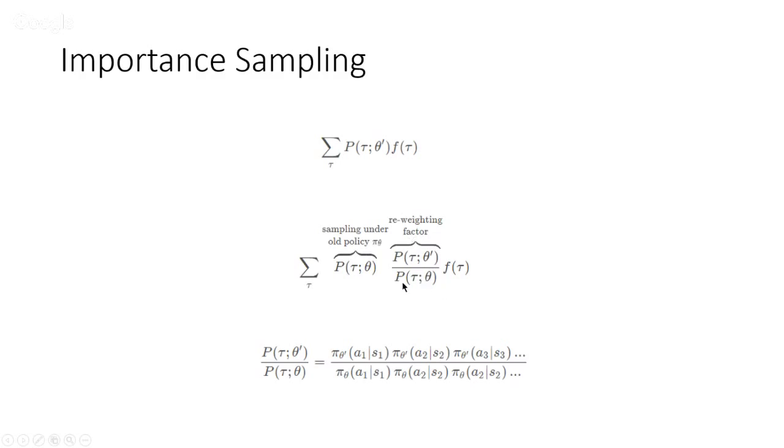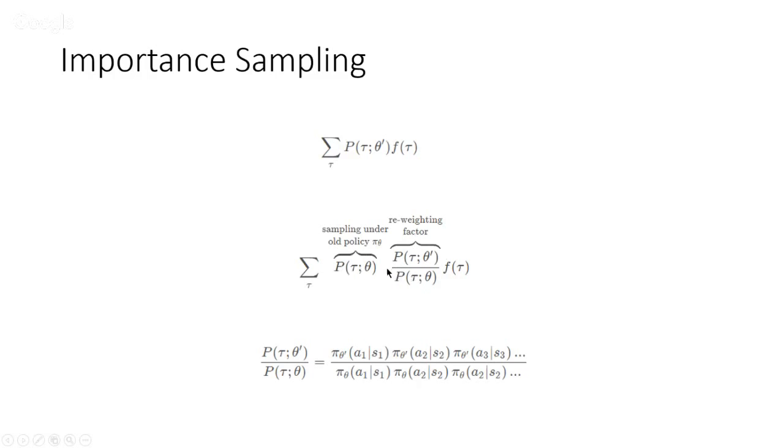What we have done here is nothing complicated. We multiplied by the ratio of p of tau given theta by p of tau given theta. So this is just one, and we multiply 1 by this, right? So this becomes a reweighing factor.